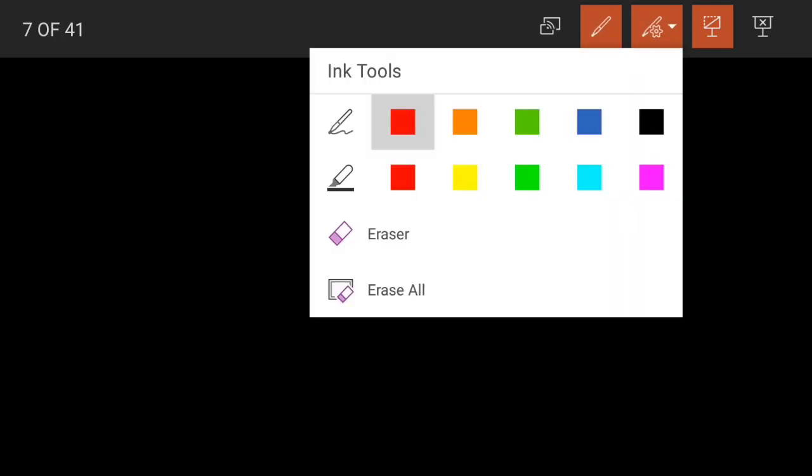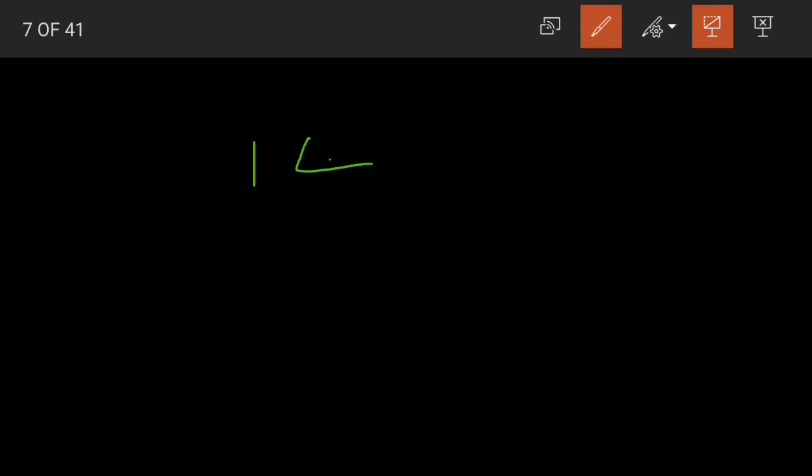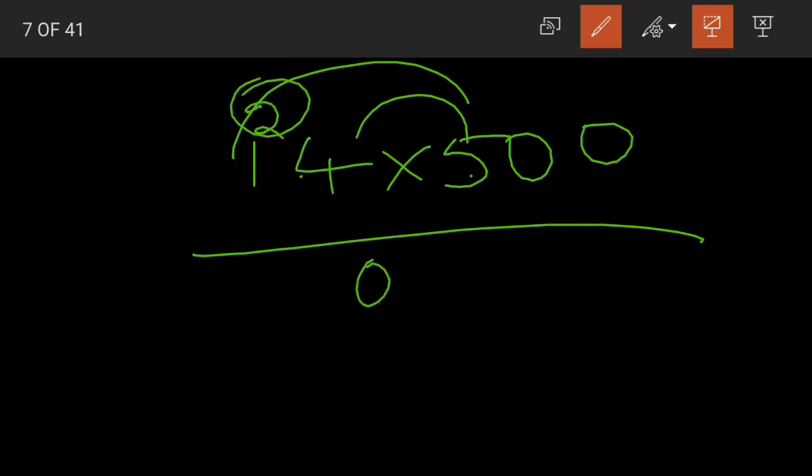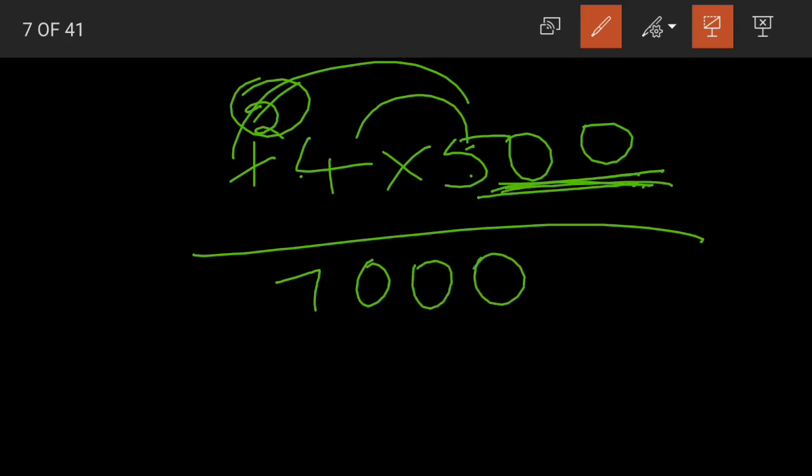Now let me take say 14 into 500 children. Again the same concept is to be applied. Multiply 5 first. 5 fours are 20, 2 carried, 5 ones are 5 plus 2, 7. And here after 5 we are having 2 zeros. So even in the product I'll place 2 zeros to the right.